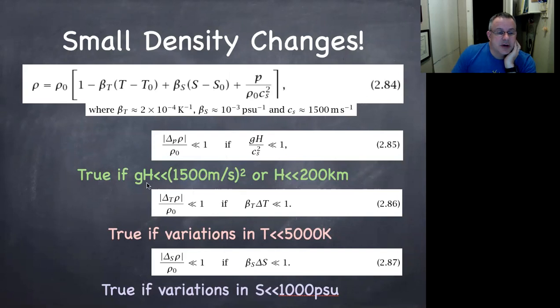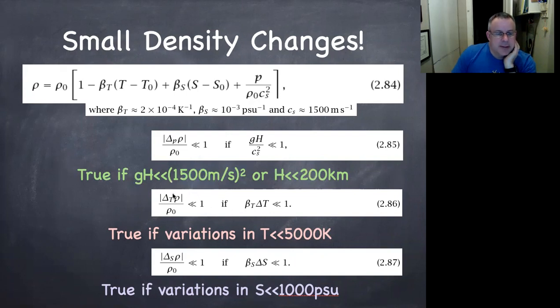And that's true if gH is less than about 1,500 meters per second. That's what the speed of sound is in water. Or H, if you move the g over to this side, is less than about 200 kilometers, which the ocean is, because the ocean is about 4 kilometers deep. So it's about 50 times too shallow for this to be violated.